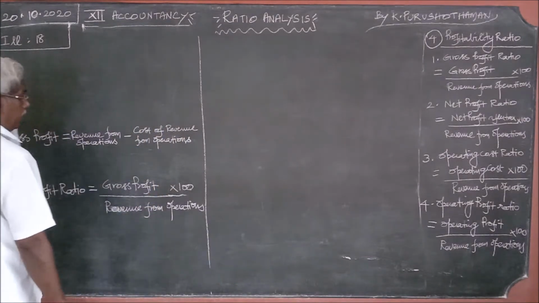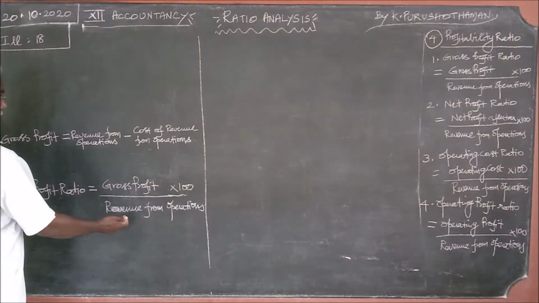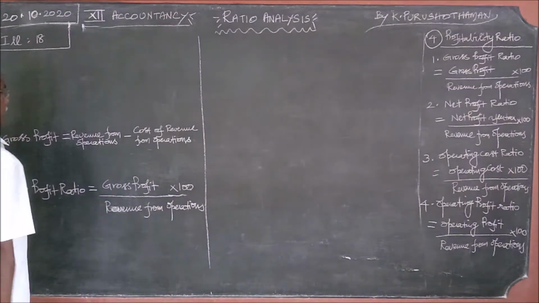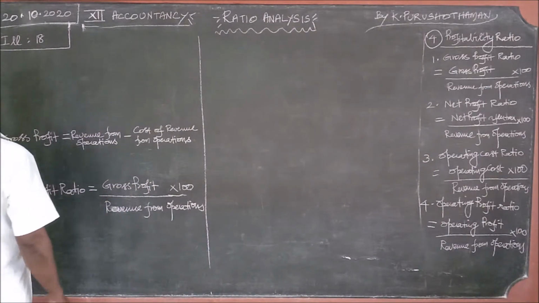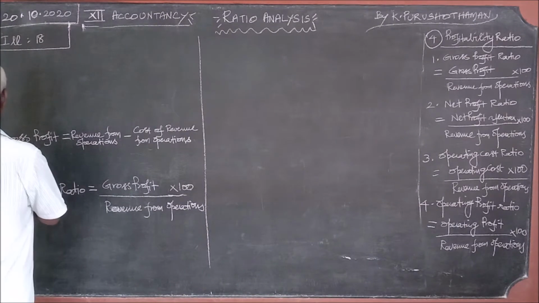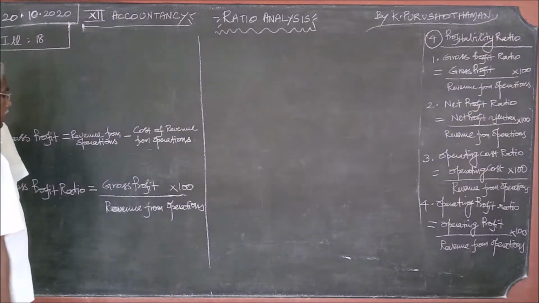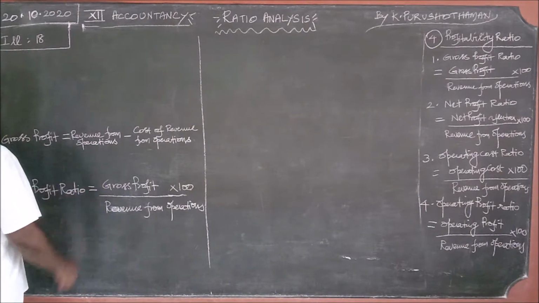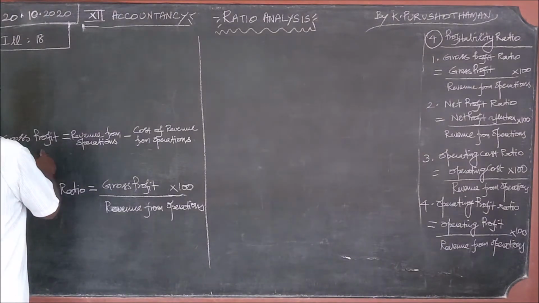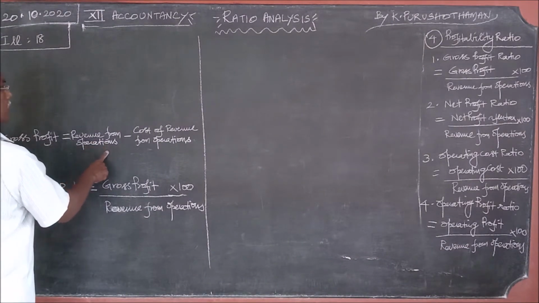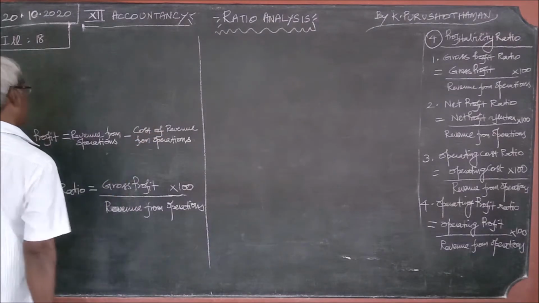See, gross profit ratio, gross profit by revenue from operations. Revenue from operations is given in the problem straight away. We should find the numerator. So what is gross profit here? From the revenue from operations minus cost.